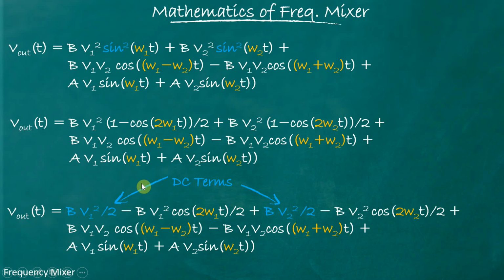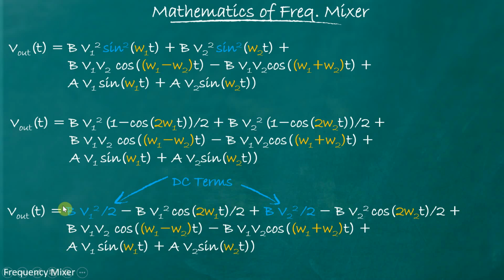Now when you multiply the bracket terms, you can see finally v out(t) is equal to b v1 square by 2 minus b v1 square cos 2 omega 1t by 2 plus b v2 square by 2 minus b v2 square cos 2 omega 2t by 2 plus these terms as they are.